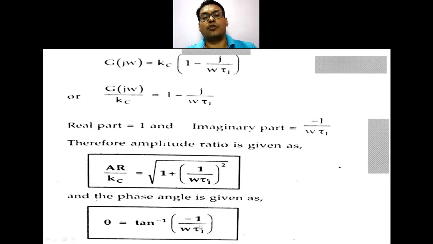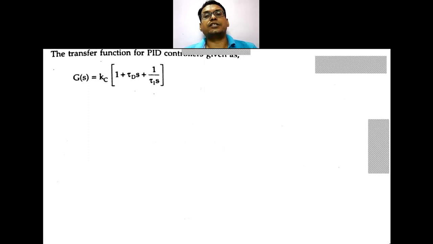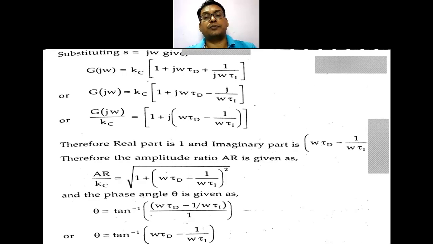Next is the proportional integral derivative controller, the PID controller. So its transfer function G(s) is equal to Kc into bracket 1 plus tau d s plus 1 upon tau 1 s. Then converting it into a complex number by substituting s equal to j omega, then for simplifying, you can rationalize it and separate it into the real part and the imaginary part.